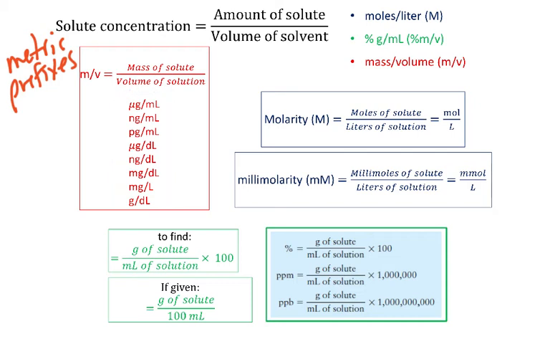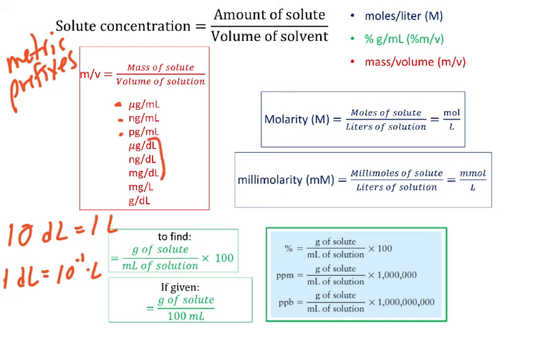So, micrograms per milliliter, nanograms per milliliter, picograms per milliliter. That's really small. And then a deciliter. You might not remember exactly a deciliter, but it's 1/10 of a liter. So there are 10 deciliters in 1 liter, or you could say 1 deciliter is 10 to the negative 1 times liters.